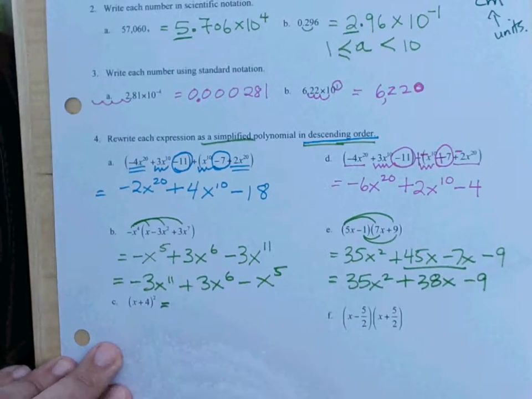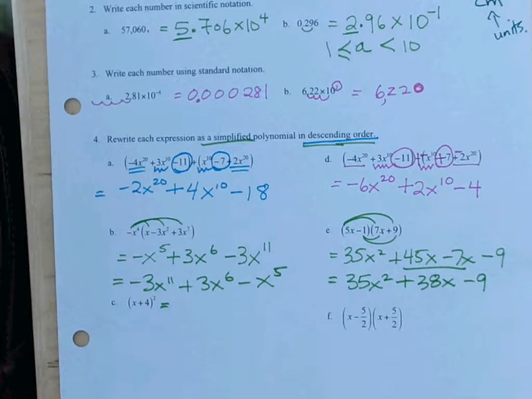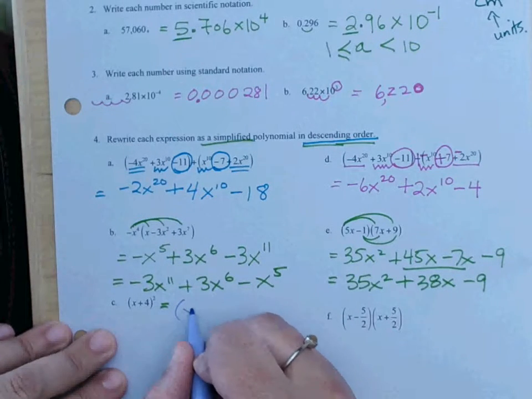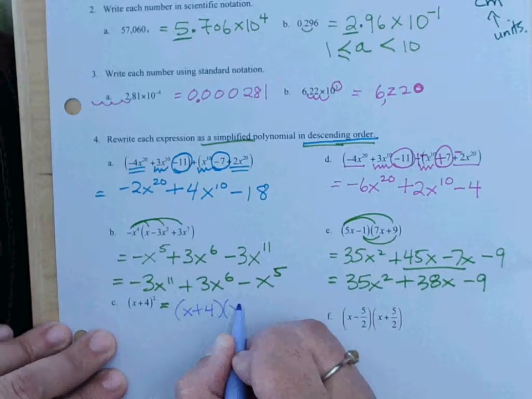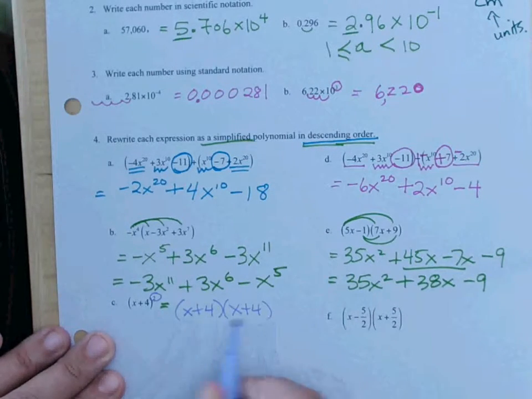Here, when we square this, one of the most common mistakes, and it's going to be on your quiz, okay, is that people will want to just say, oh, I'll square x and I'll square 4. But what do we have to make sure that we do so we don't get this wrong? We have to FOIL. X plus 4. Okay, because squaring means times it by itself.